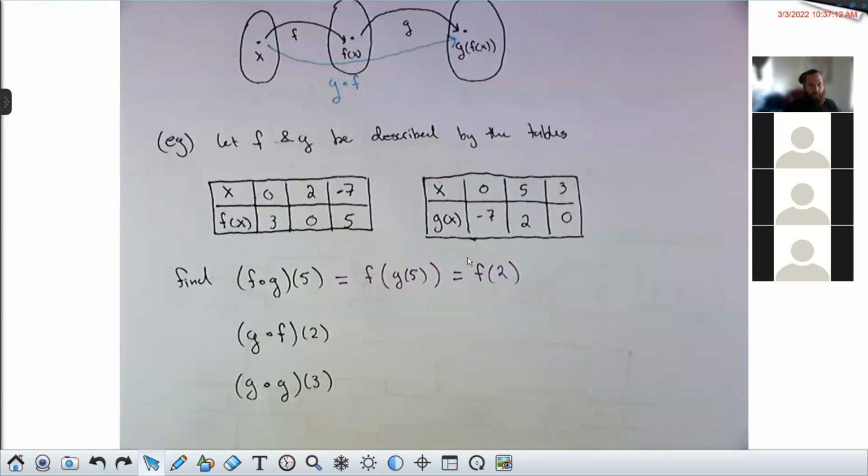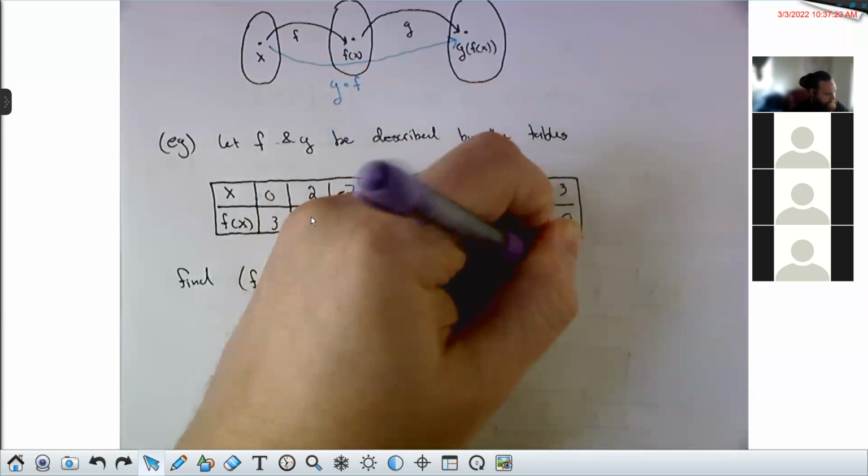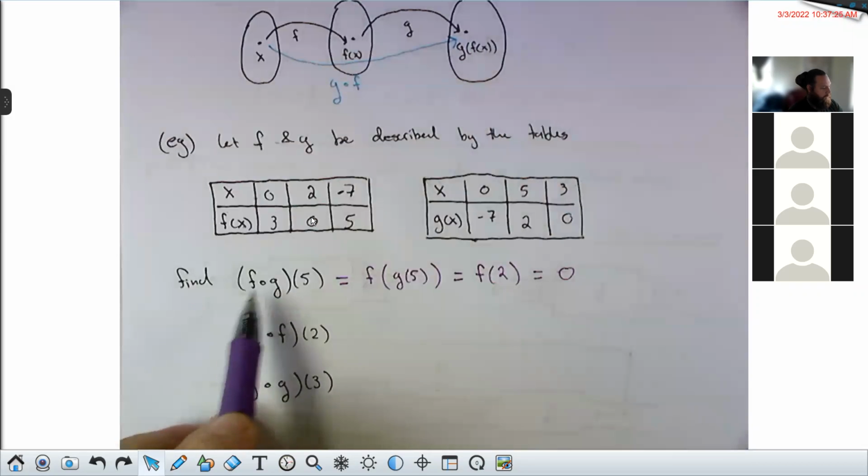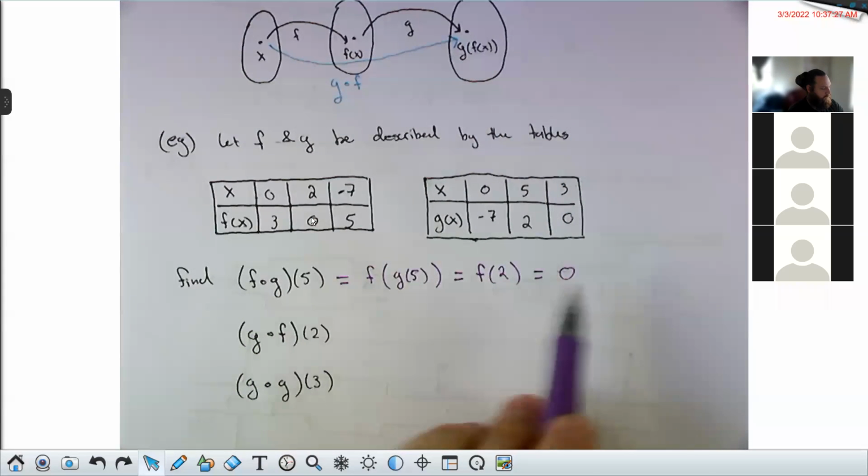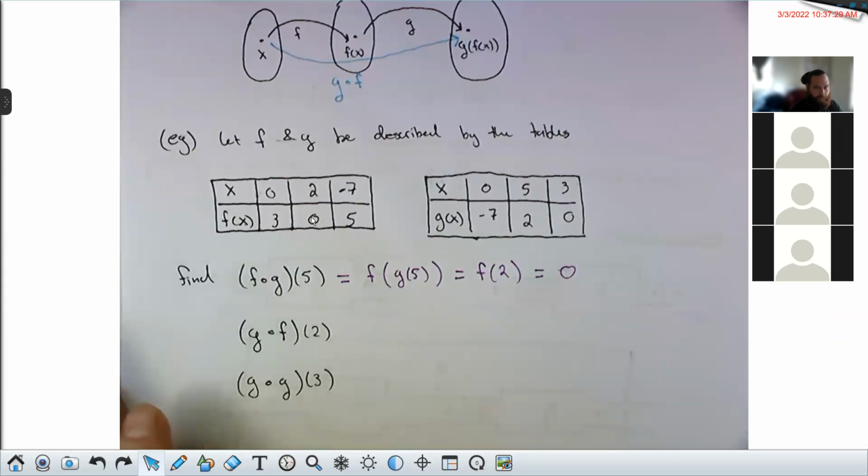If I want to know what this is, I now look over to the table for f, because we're just asking what is f of 2? When x is 2, f of x is 0. So f of 2 is 0. So f of g of 5 is 0. Not too bad. Always start with the rule and then work from the inside out. But always start with the rule.